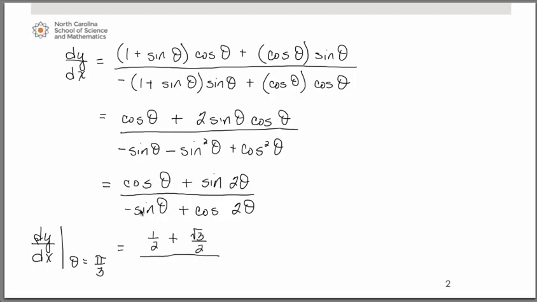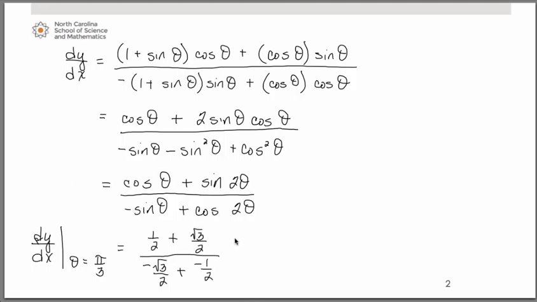In the denominator, we have the opposite of sine of pi over 3, so that's going to be a negative square root of 3 over 2, plus, once again, we multiply pi over 3 by 2, giving us 2 pi over 3. Cosine of that is going to be a negative 1/2. So that's what we have so far.